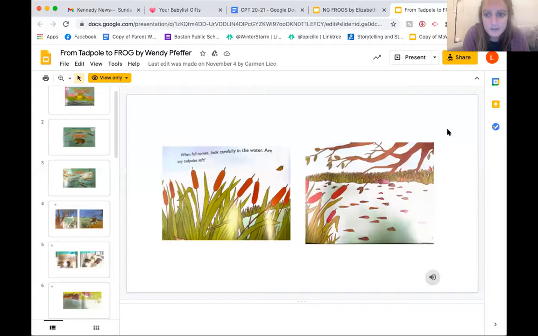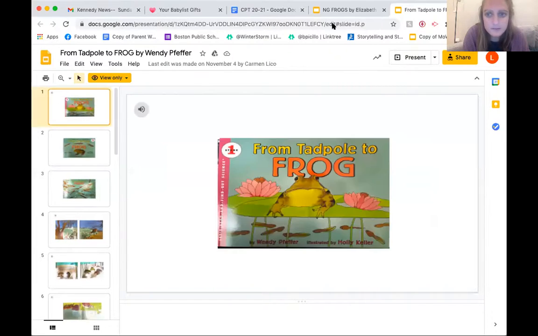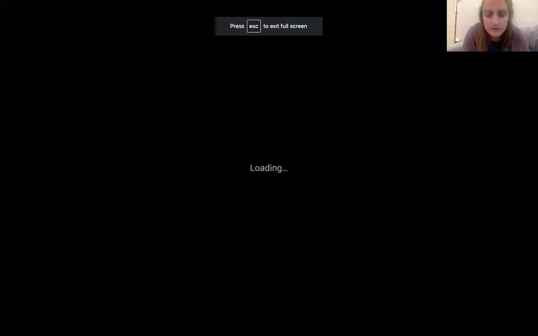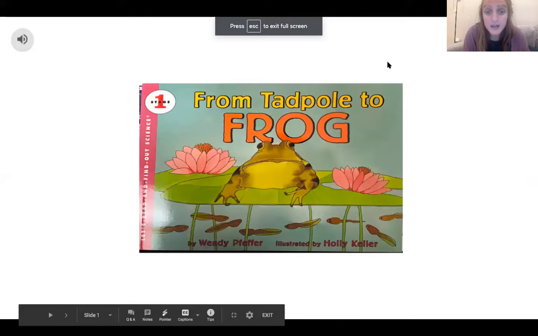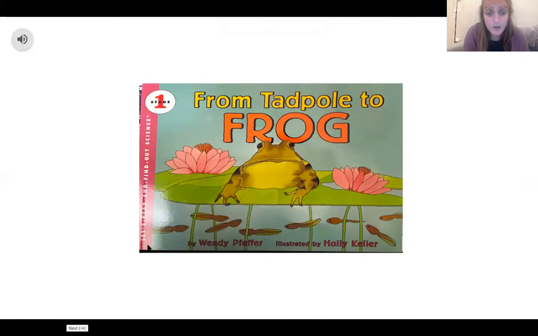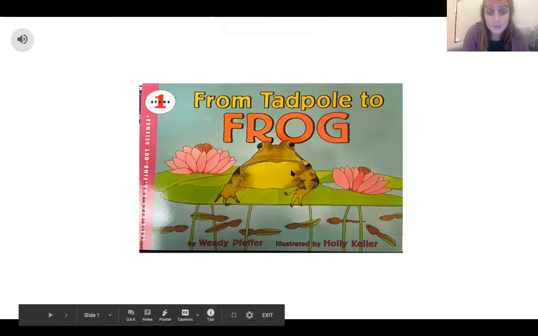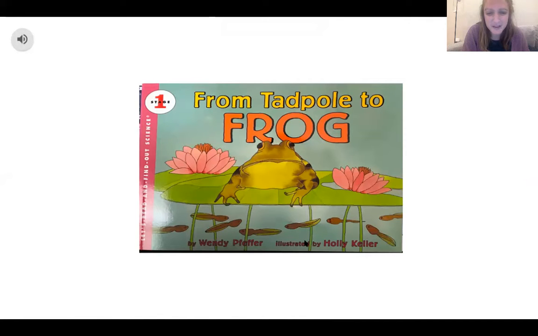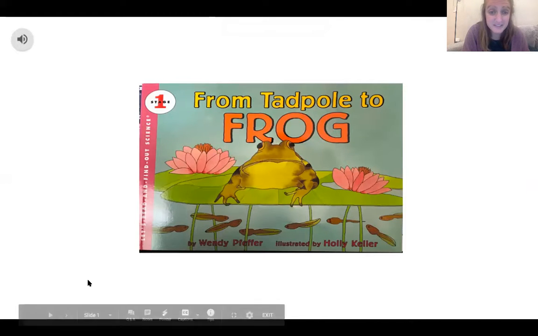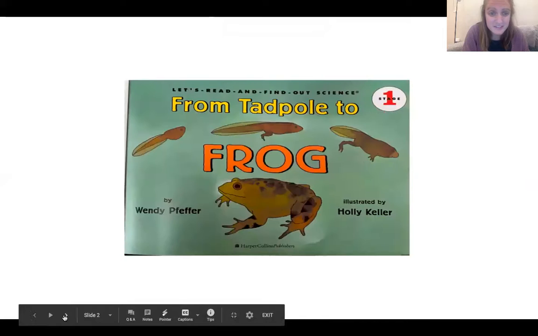All right, so this right here is From Tadpole to Frog. Let's take a look at these beautiful pictures. If you choose to, you could draw a picture of this right here or something like this with the frog on the lily pad and maybe some of the tadpoles around it. That's a great idea, actually.